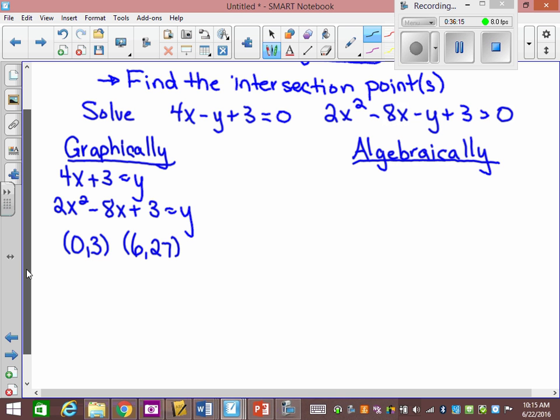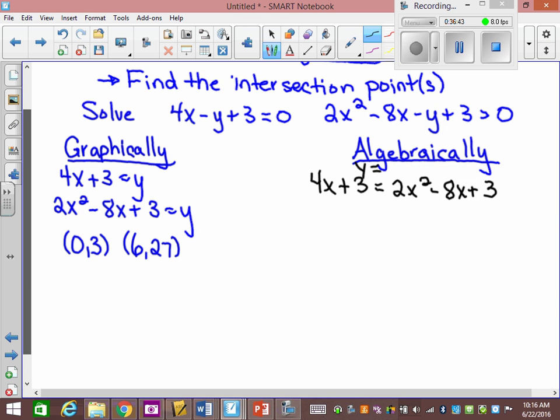Okay. So what do we do? We get it into our y equals first, which we did already. Then we can set them equal to each other. Because remember, y equals y. So this must equal this. So 4x plus 3 equals 2x squared minus 8x plus 3. Then what do we do whenever we have a squared? Move everything to one side.